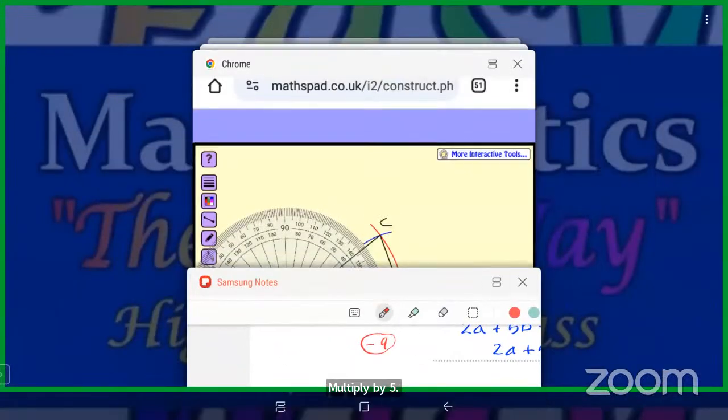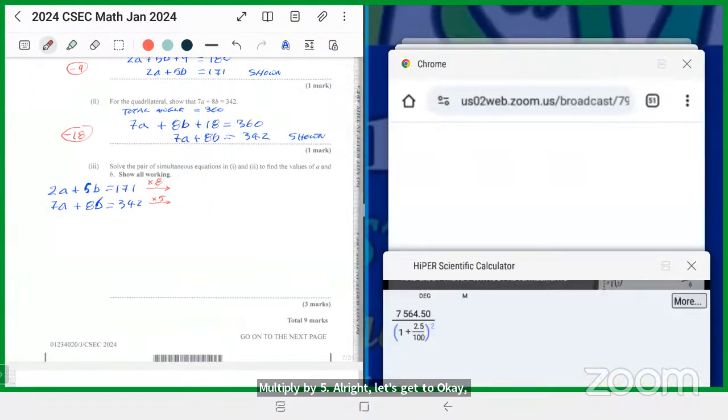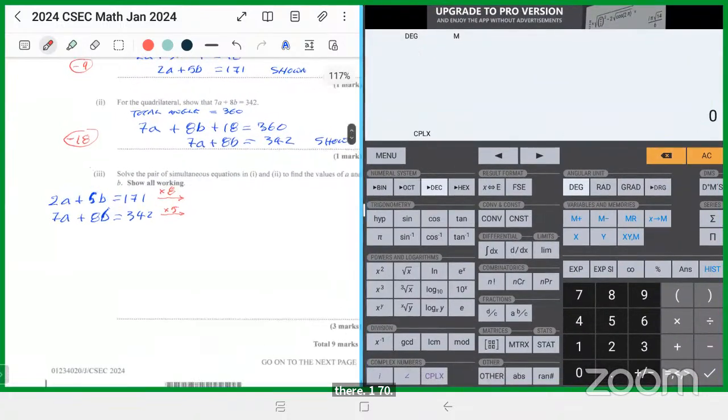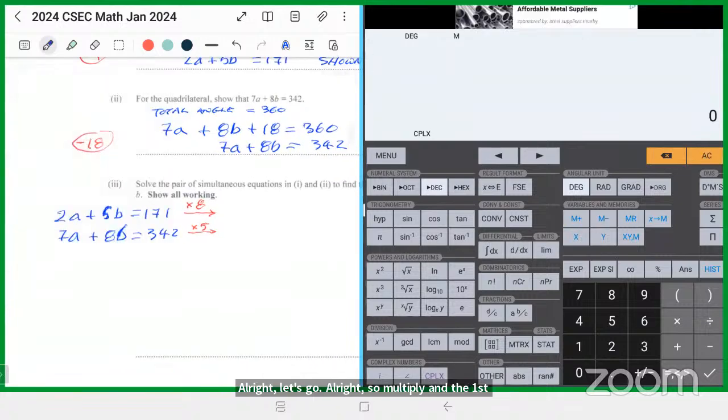Let's get the calculator. I multiply those big numbers there. All right, so multiplying the first equation by 8. The 8 times this 2A gives me 16A. The 8 times this 5 gives me the 40 that I want, so I get plus 40B. I need to multiply this side now by 8 as well.